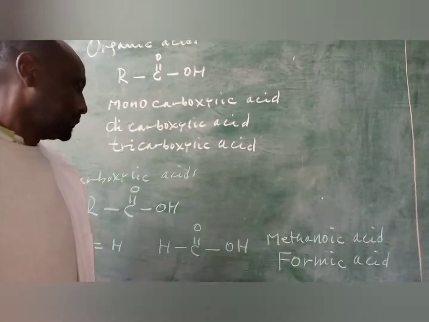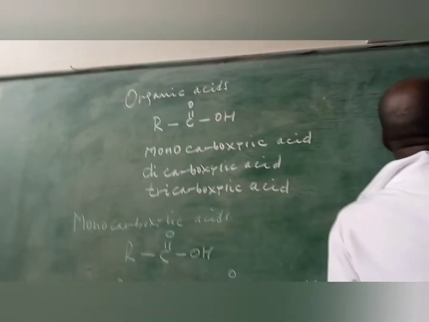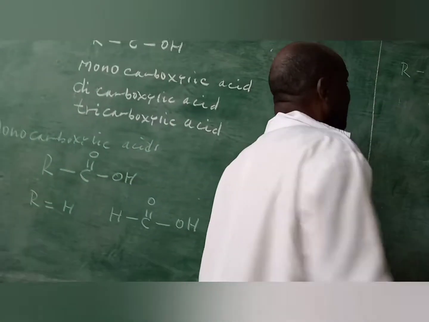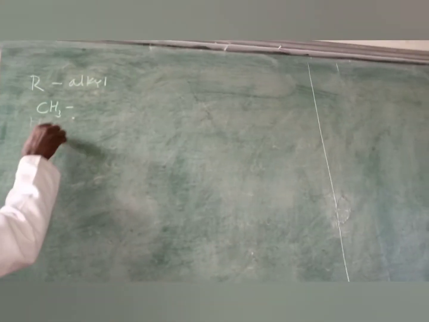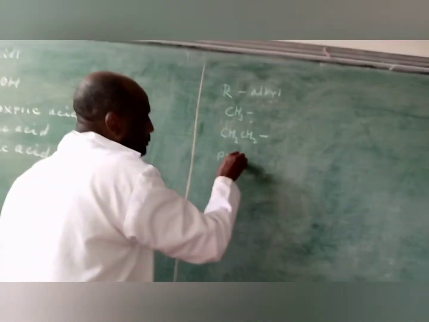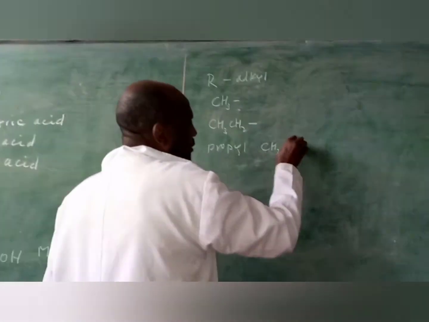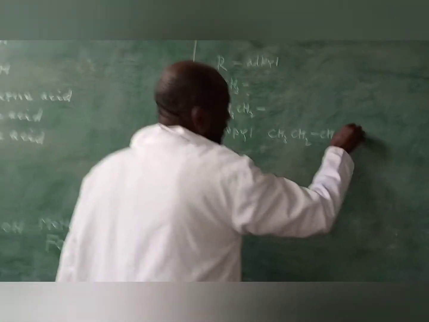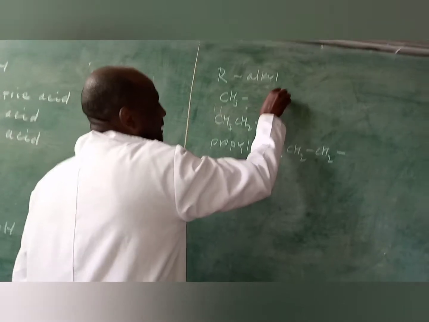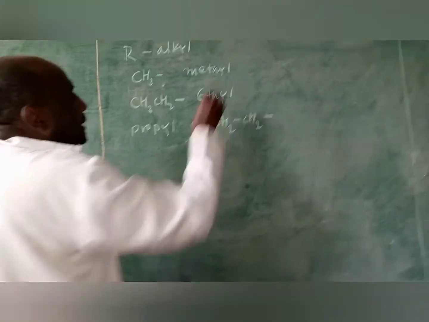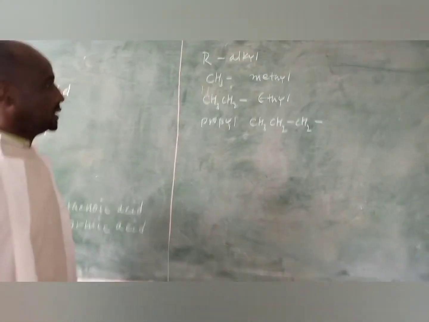When R is equal to alkyl, the alkyl means methyl, ethyl, propyl. CH3, CH2 CH3 is ethyl, this is propyl, this is methyl. In this case, we call them alkyl groups.